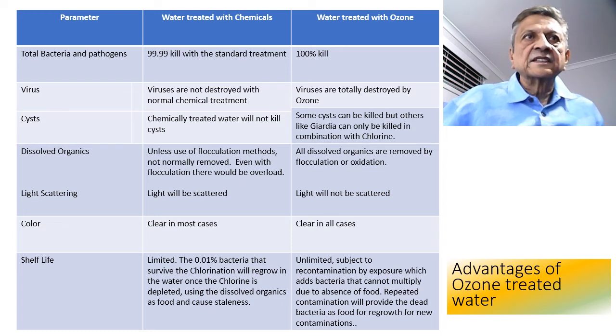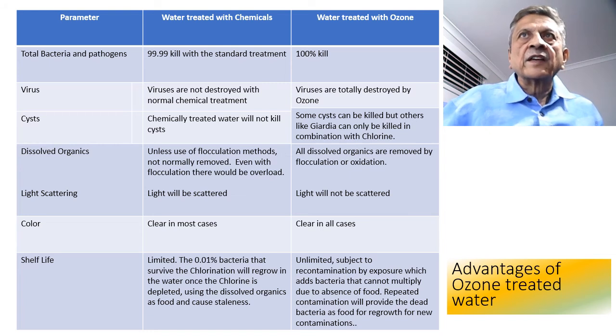Light scattering. It is interesting to see that with water treated with chemicals, particularly in the swimming pool, the light will be scattered. In other words, when you shine a torch in the water, you could see the beam of light.